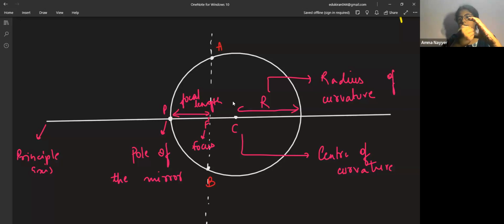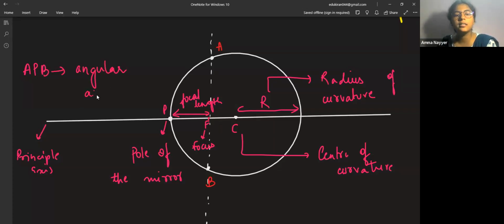This is known as the angular aperture. I'll write it down here: APB is the angular aperture.